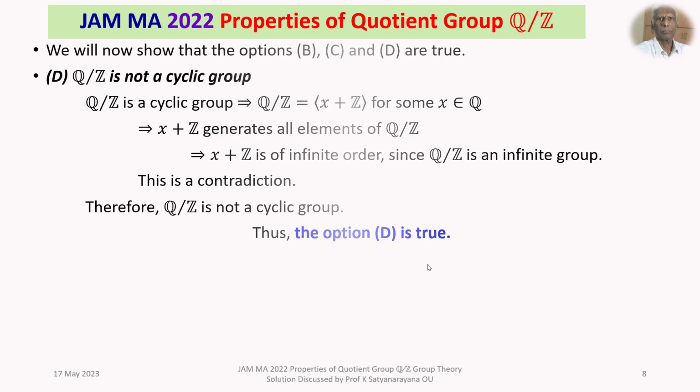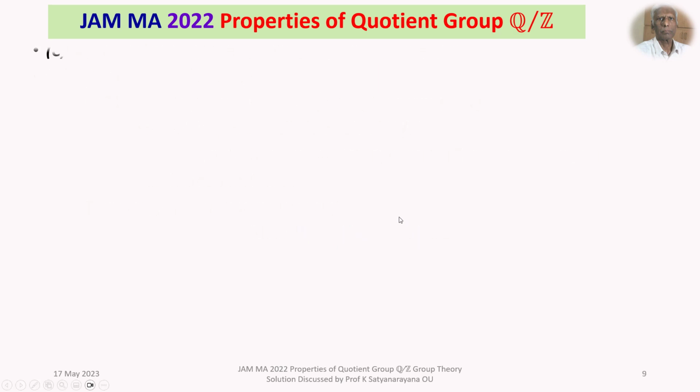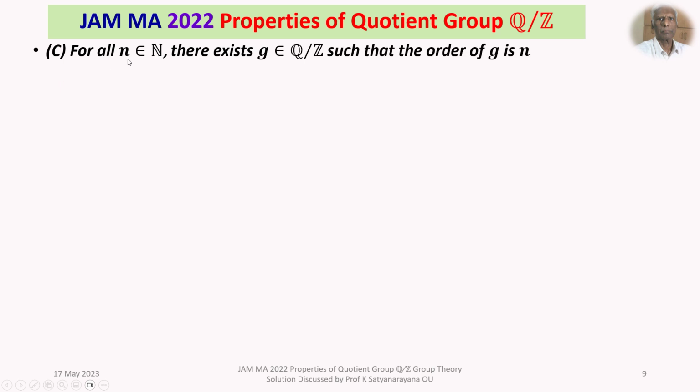Let's continue with the next option, option C. For all natural numbers n, there exists a G belonging to Q/Z, where G means an additive left coset, such that the order of G is n.